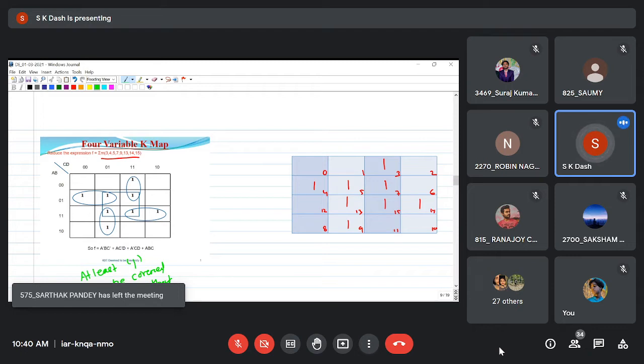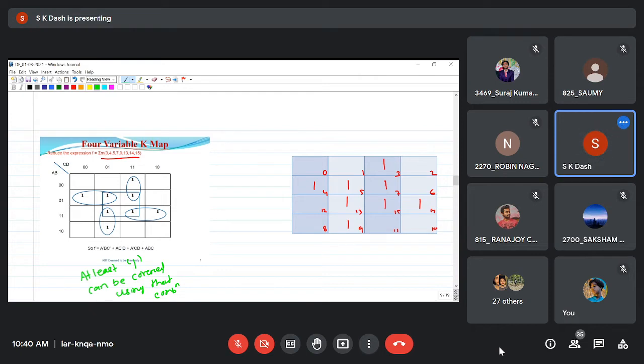Otherwise, it is not. So here, first check from the bigger ones. First the quad. Is that quad essential? Is there any single one in the quad which is covered using the quad only? There is no other way.